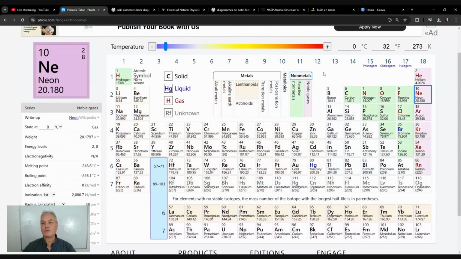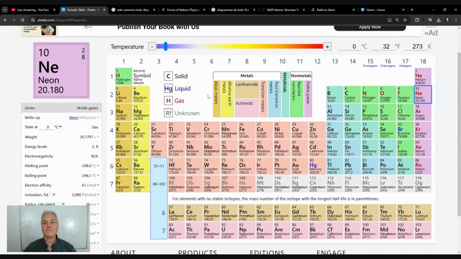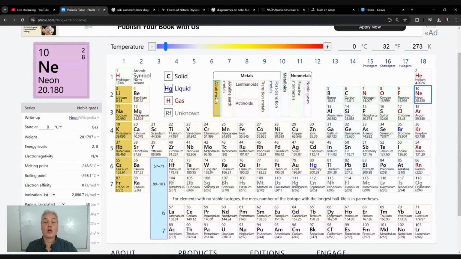As you can see, there are different colors here. So let's see what they are. First of all, we have the first column, and we call them alkali metals. The alkali metals comprise lithium, sodium, potassium, rubidium, cesium, and francium. They are all in the same group, and what's interesting is that this group has similar properties when these metals are close to oxygen and water.